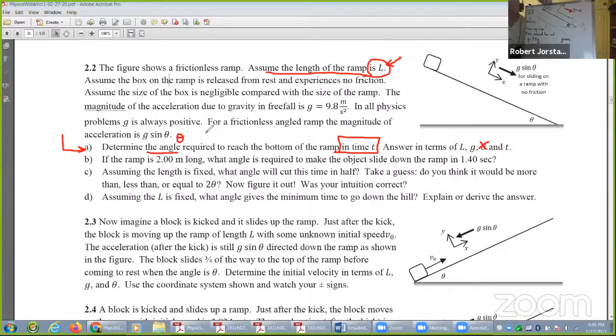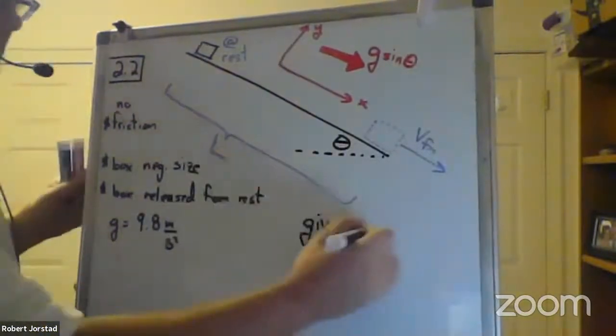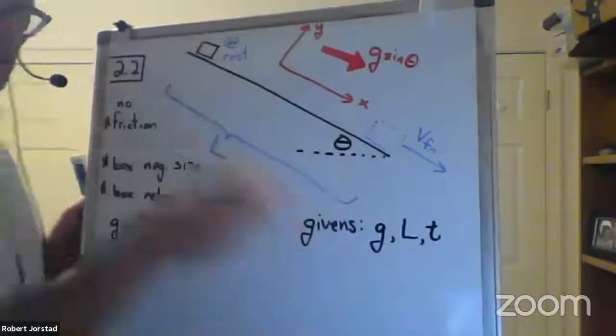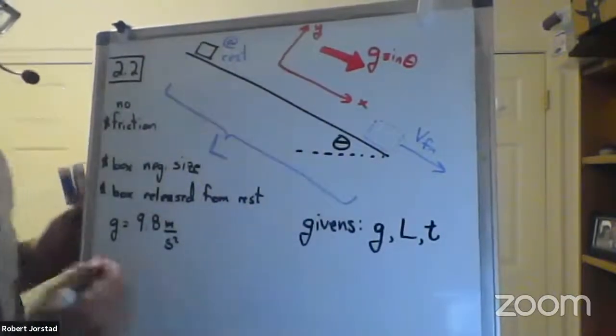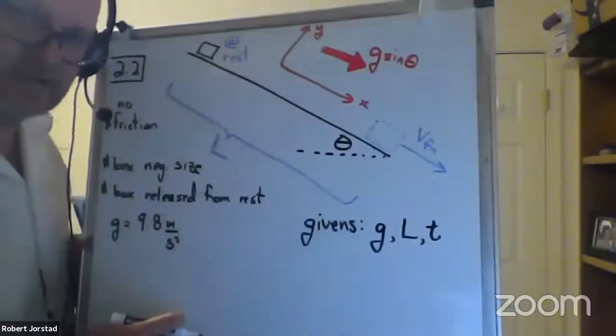So we're trying to figure out the angle required to reach the bottom of the ramp in this time t, and notice we're trying to answer in terms of these things. That means those are our givens: g, L, and t. So if you want, we could even state that explicitly. And what are we looking for? In part A, what are we trying to find?